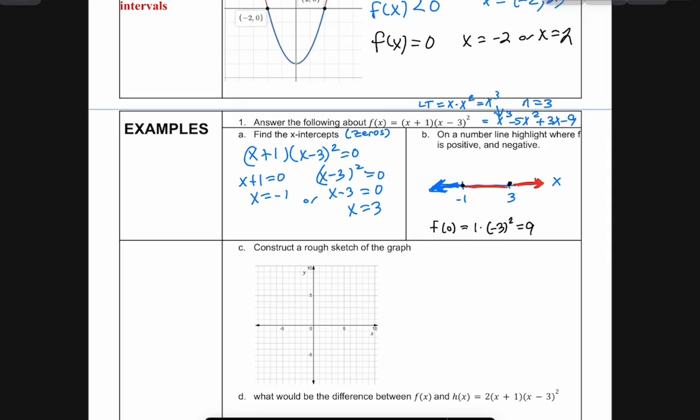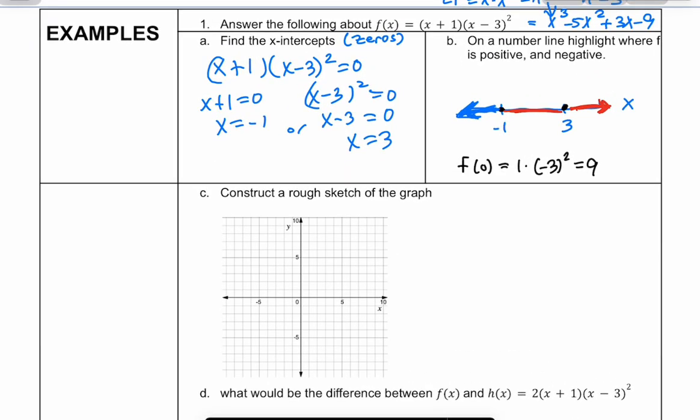Okay. Now let's take that out of one-dimensional thinking and throw it on our graph. So on our graph paper, please hit negative 1 and 3. We know that the left end was going down and the right end is going up. Now, I could probably make more of a curve to that, but I don't care.